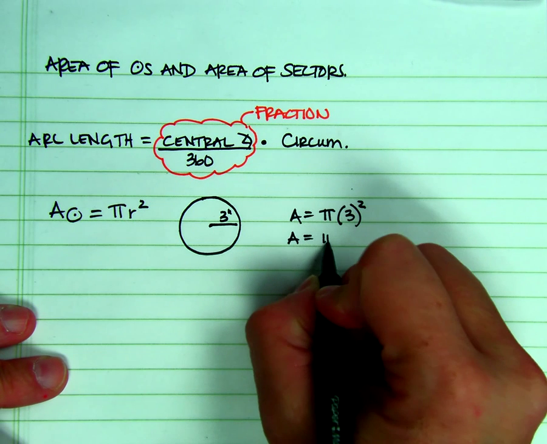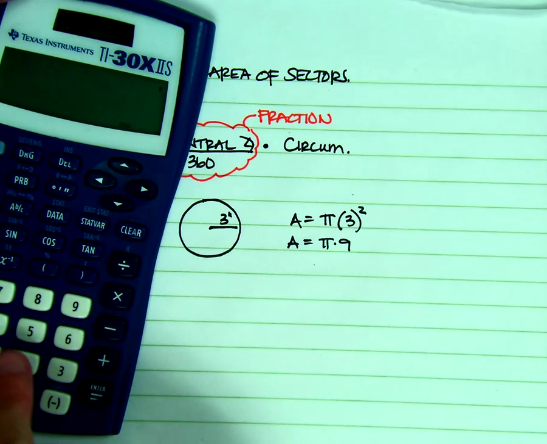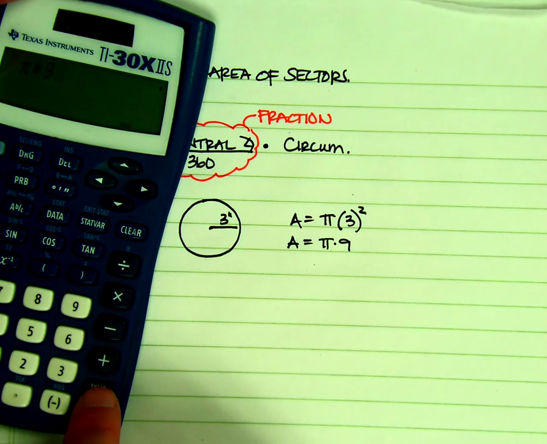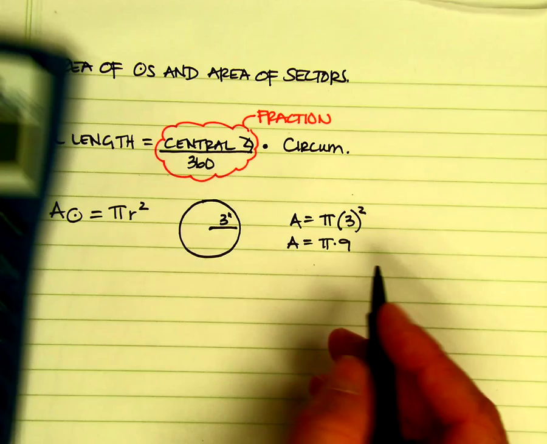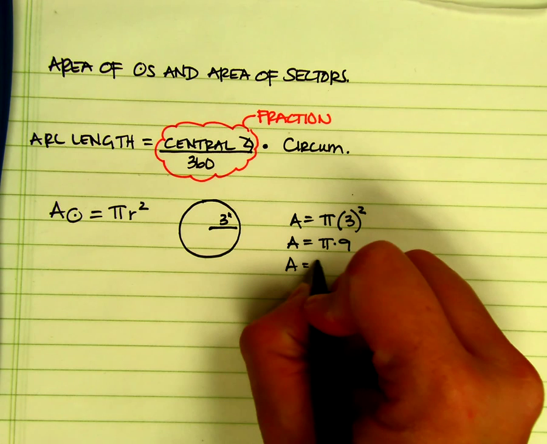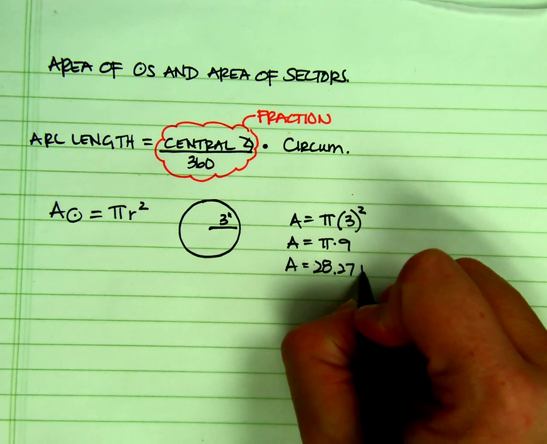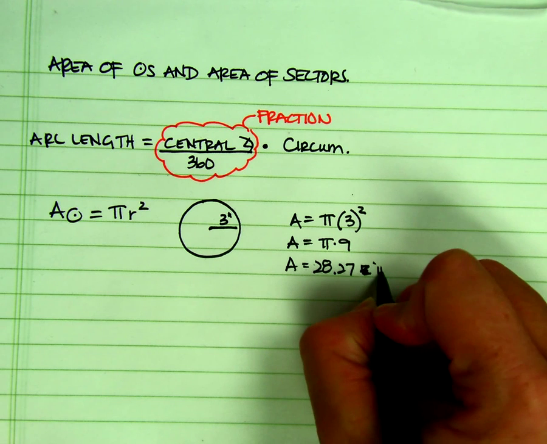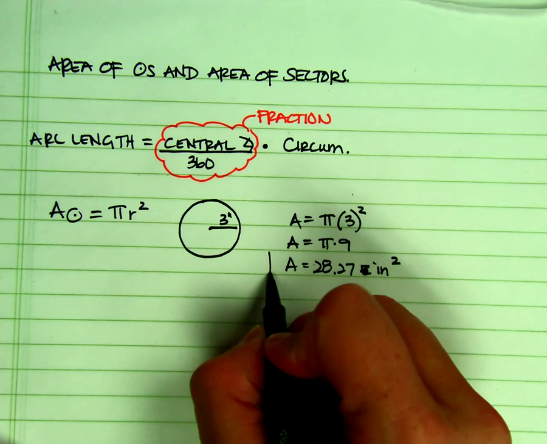Area equals pi times 9. And then I'm going to put that in my calculator, and you get 28.27. And that is units, or in other words, inches squared. So remember, area is dealing with squared units.